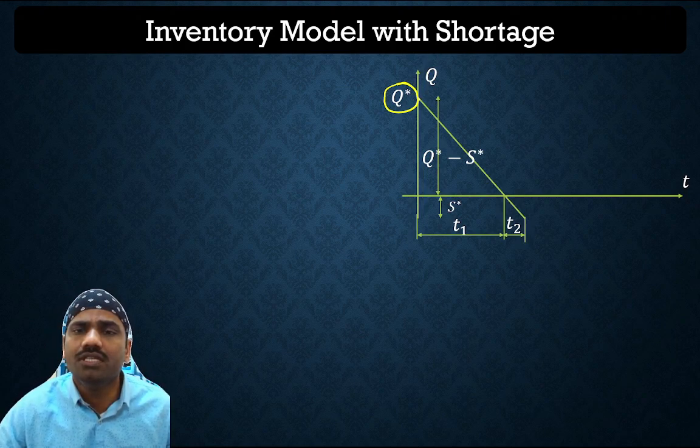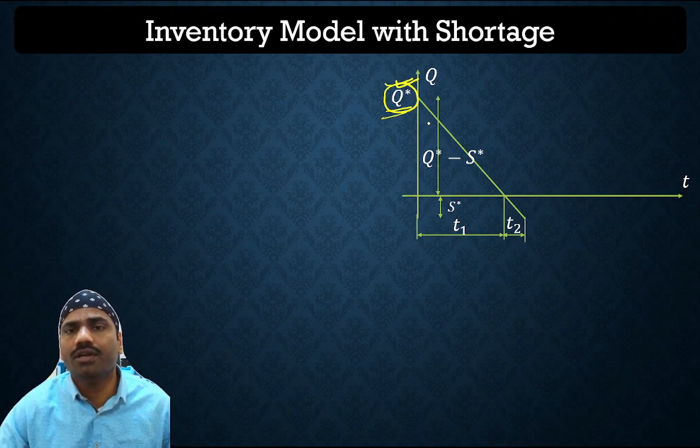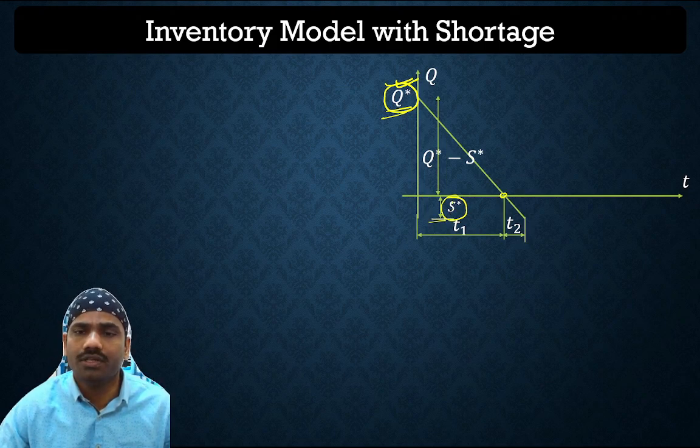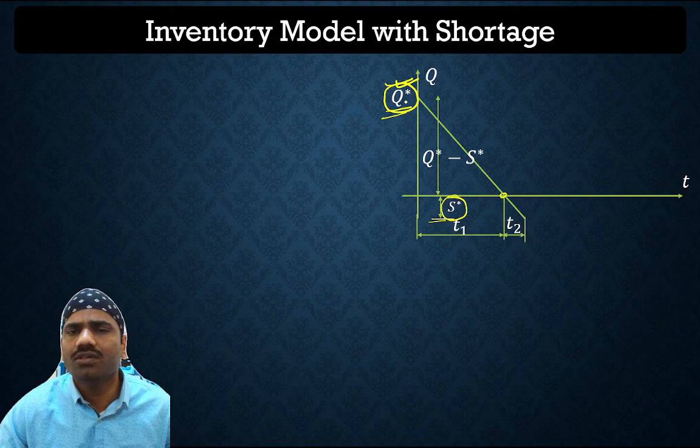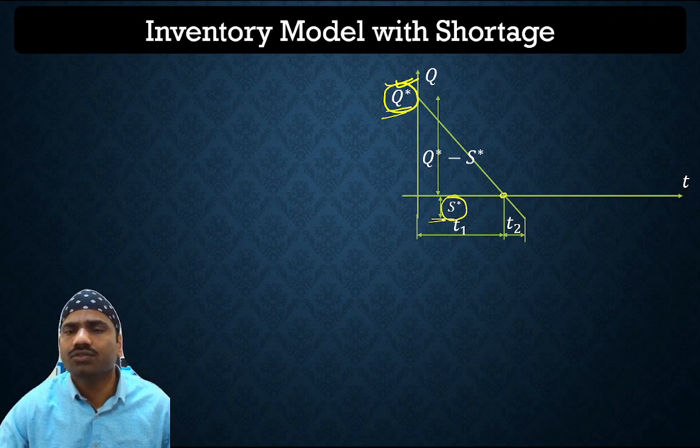When you supply this quantity, it will be consumed, and at this time we don't have any quantity in hand, but there is a demand, S star. You don't have any quantity, but there is a demand, and that demand will go as shortage. So initially you have Q star quantity, and finally you have shortage, S star.